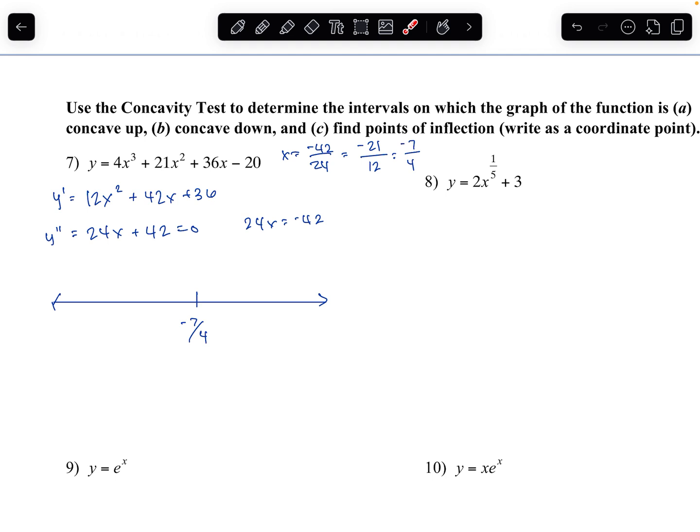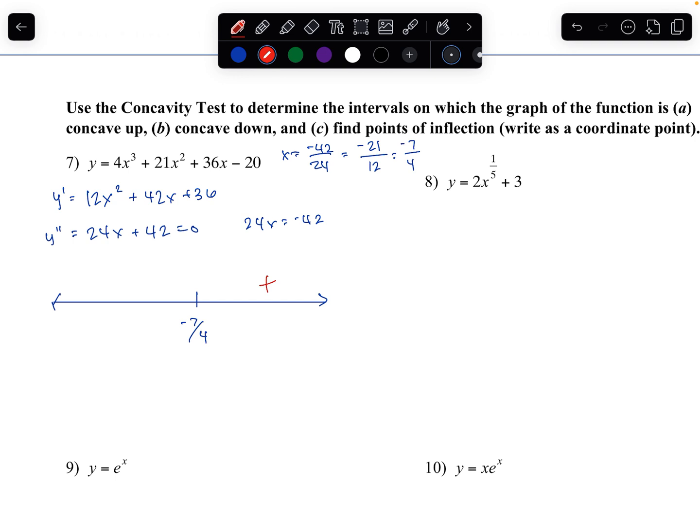So let's plug in something like 0. So if I plug in 0 in here, it's positive. So f double prime is going to be greater than 0, concave up. And if I plug in something like negative 2, plug in negative 2 here, that becomes negative 48. Plus 42 is still negative.